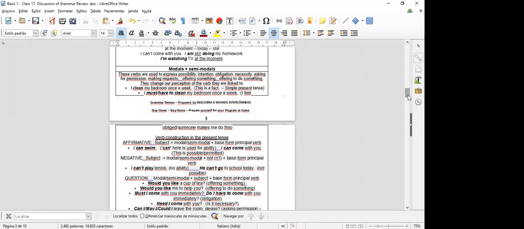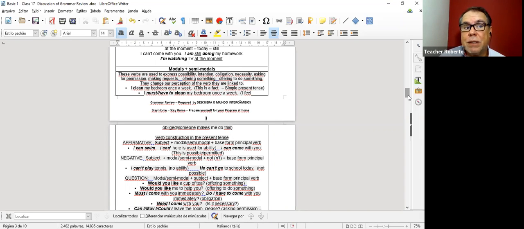Yes. Okay. Another very important thing, because many people don't like using must, they prefer to use have to. It's okay. But observe that in the negative, the idea is not the same. The idea is the same in the affirmative only. When I say, you must do this now, it's kind of an order, an obligation.